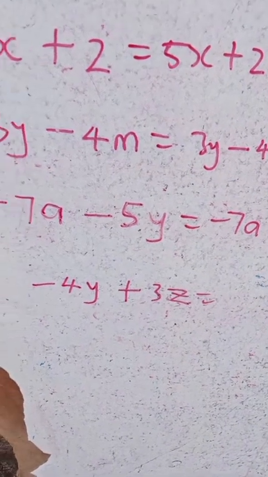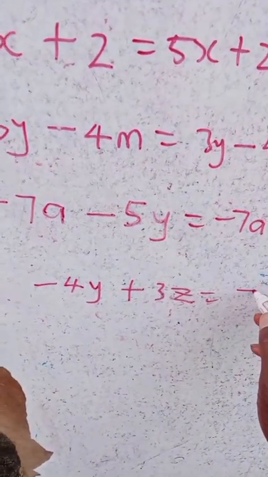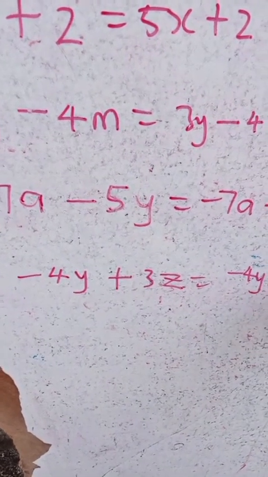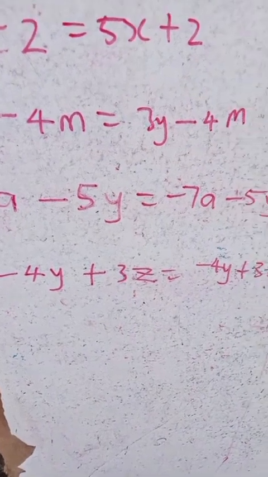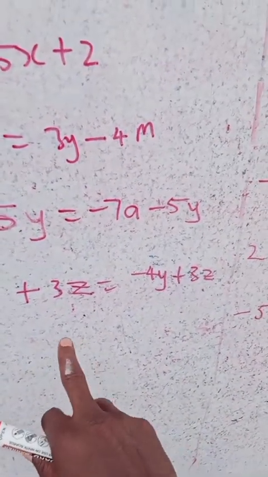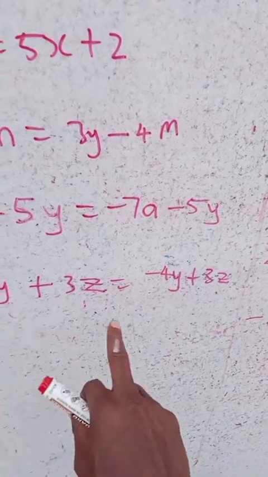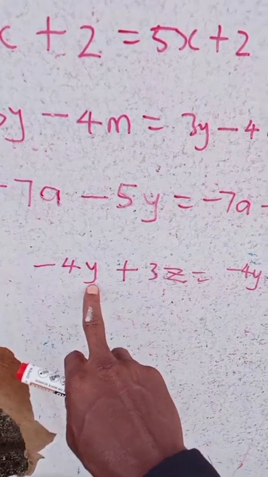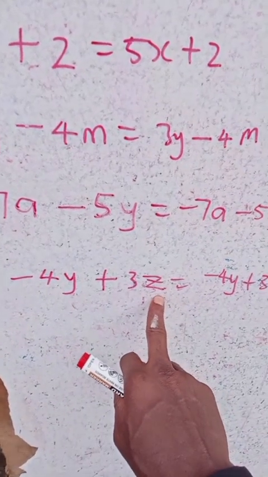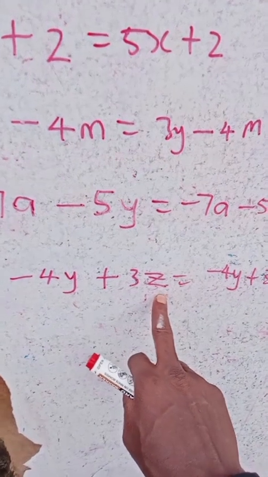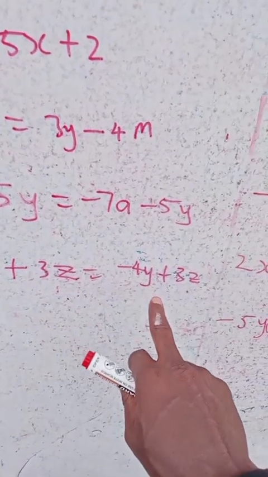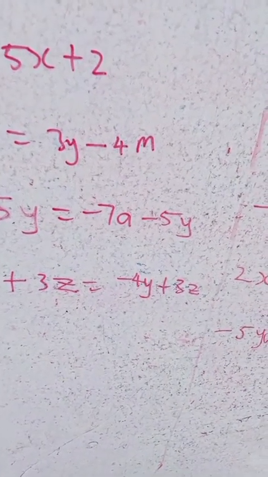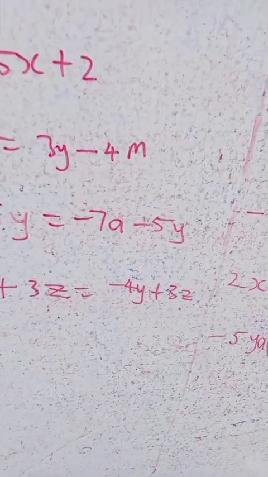You are still owing 4 goats, and then you have 3z, because you cannot give the person you are owing goat, fowl. Are you getting it? You are owing me goat, now you want to give me fowl. It's not possible. I don't like fowl. Since the alphabets are not the same, it means I cannot subtract, I cannot add, I cannot divide.